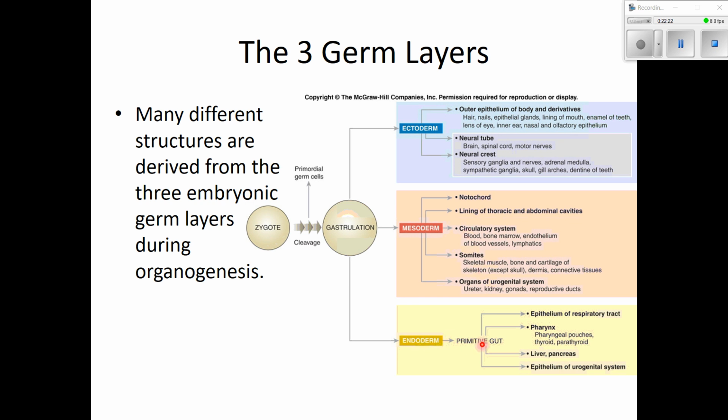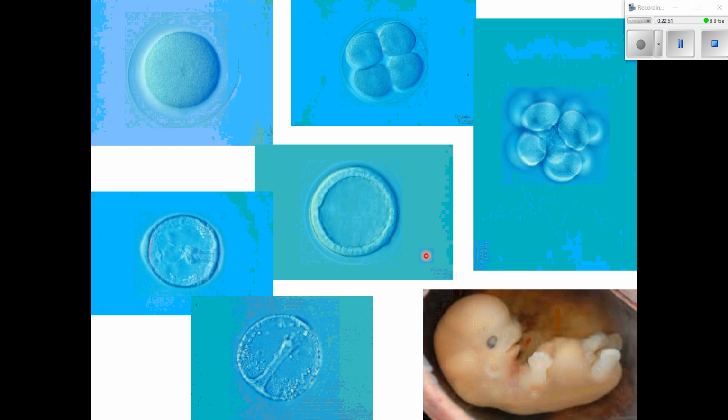Notice endoderm, epithelium, that would be skin, that forms the lining of your respiratory tract, and then of course all this is mostly digestive system. So generally speaking, you can think of ectoderm as skin and nerve, endoderm as digestive system and part of your respiratory, and then mesoderm is pretty much everything else.